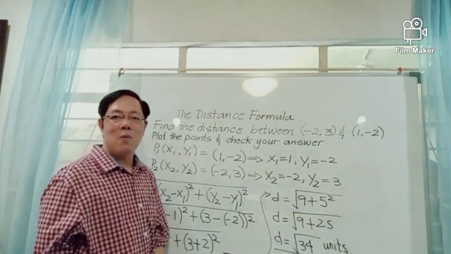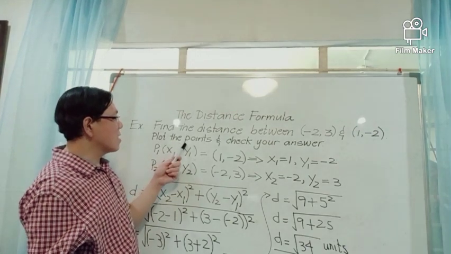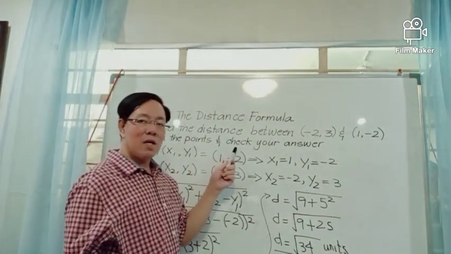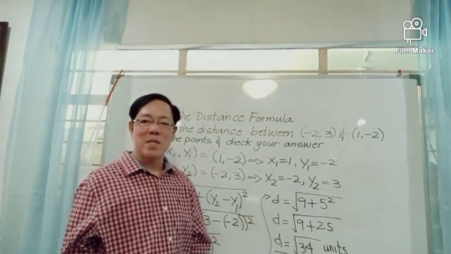Now we will check our answer by plotting the 2 given points in the Cartesian plane. And we check the distance we obtain using the Pythagorean theorem.